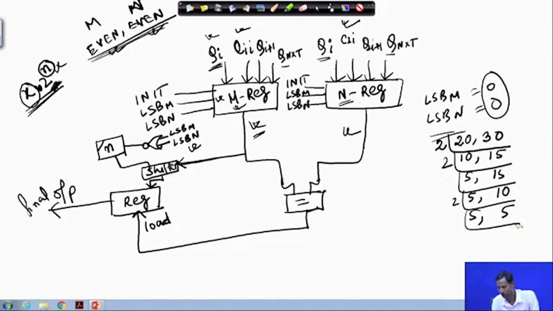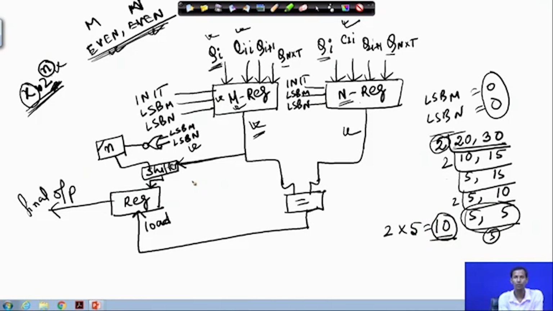So, both are the same, so this is 5. Okay. So, only for this particular position I am getting both even. So, 2 into this is the terminating condition. So, 2 into 5, the GCD of 20 and 30 has to be 10.